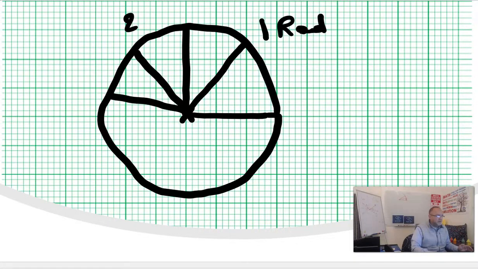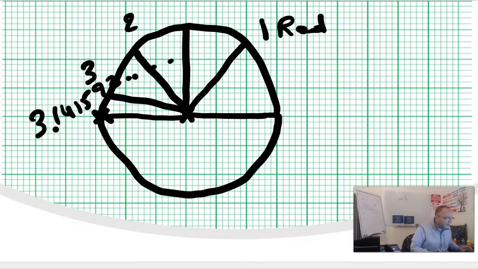I'm sorry, it's not that great. This will be your 3 radian. The 3 radian is not going to be here. That's the whole point. You need 3.141592. You keep going till you really cover that half circle, till you go from one end of the diameter chord to the other end.